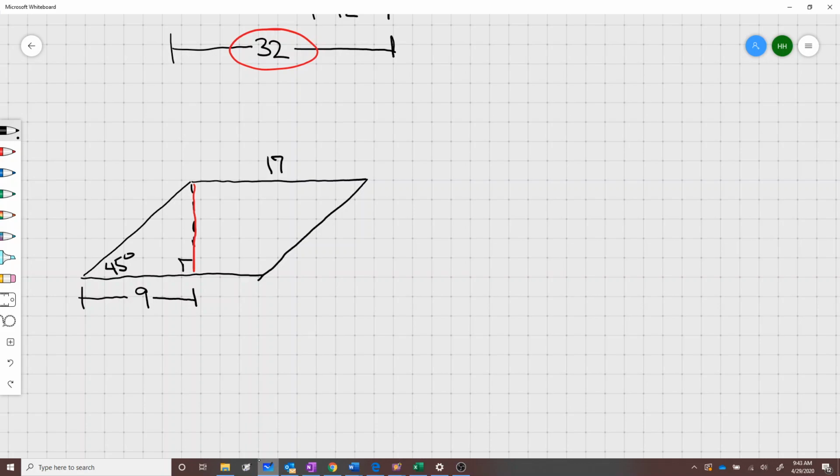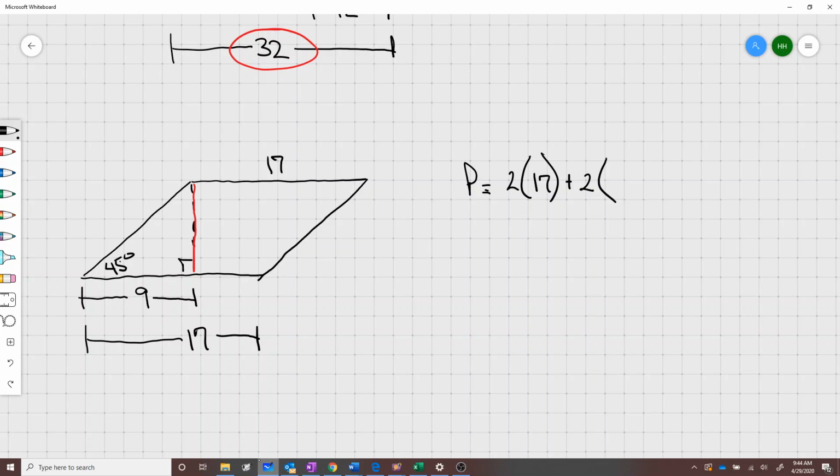So let's find the rest of these dimensions so that we can find the perimeter first. If the top of this parallelogram is 17, then the entire bottom of this parallelogram is also 17. So we're going to have 2 of the 17s plus 2 of the left side and the right side.